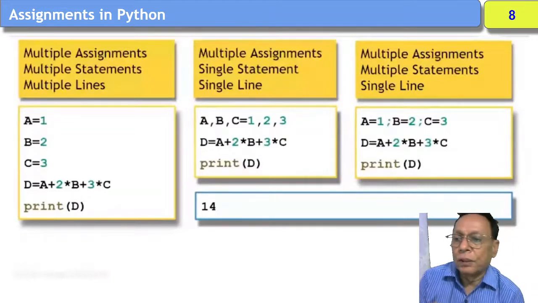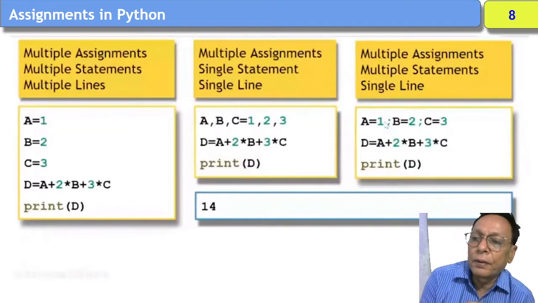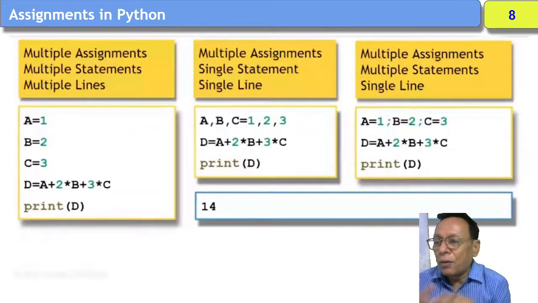Okay, so we'll move to Colab. We'll see the output, and the third picture shows multiple assignments, multiple statements. How multiple statements?